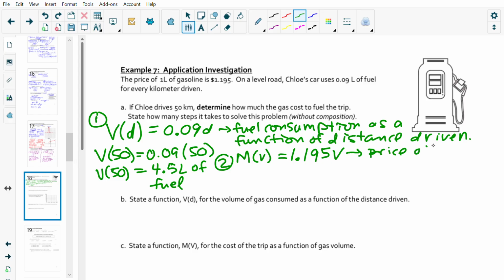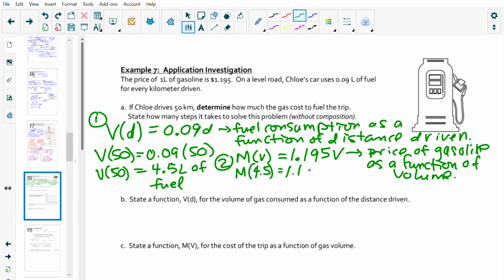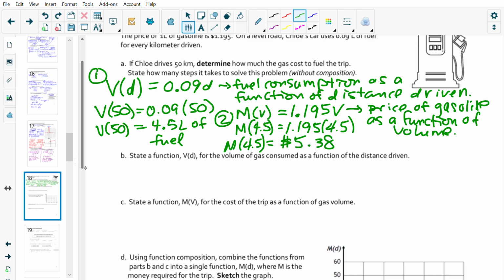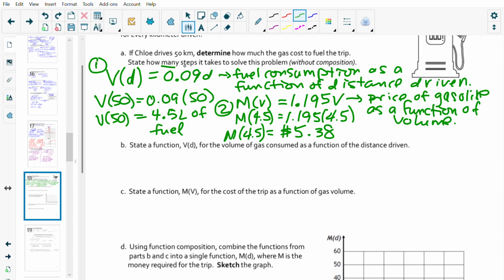So this is price of gasoline as a function of volume. Okay, so m of 4.5 will get you your cost, because we know we used 4.5 liters of gasoline. So what's the total cost of the trip for fuel? That's $5.38. Okay, so that's 2 steps. How many steps? 2.